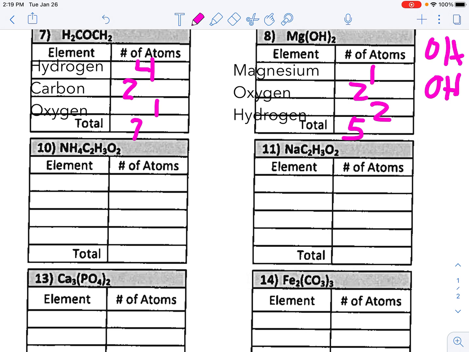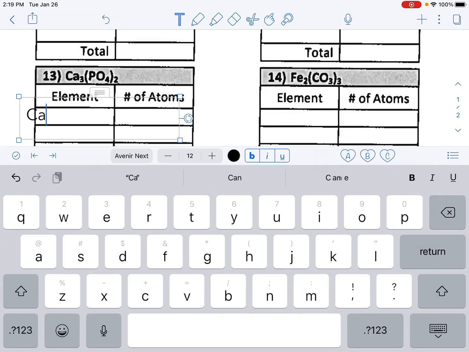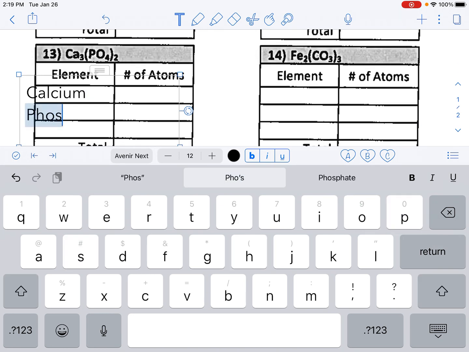But if you look at number 13, for instance, this is the last example I have. The Ca is calcium, and then the P is phosphorus, and the O is oxygen.